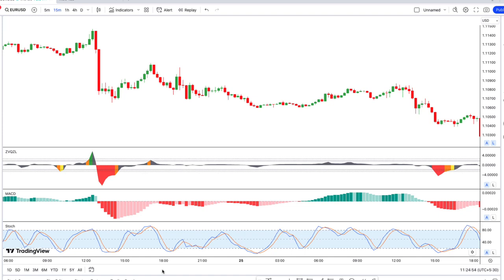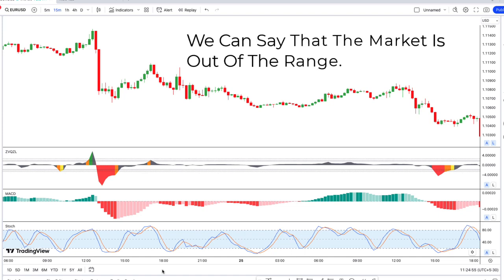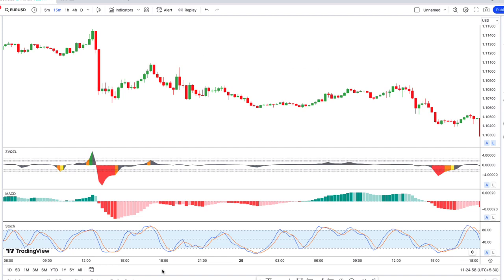So when we have this sign of increased volatility, we can say that the market is out of the range, and when we have a signal like this, we can take it. But for signals like this, which are happening during this extended range market, we don't take them. This was just a simple example to show you how this indicator can filter the false signals during a range market.